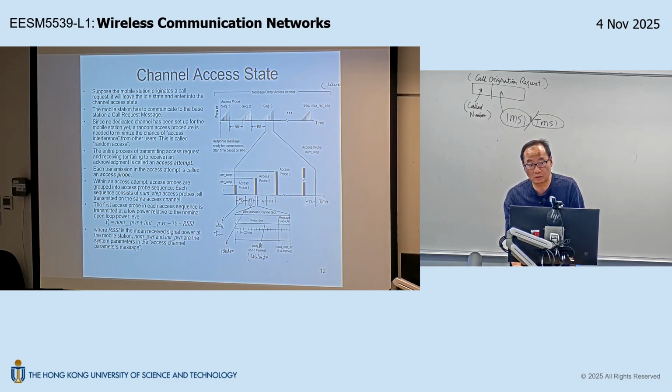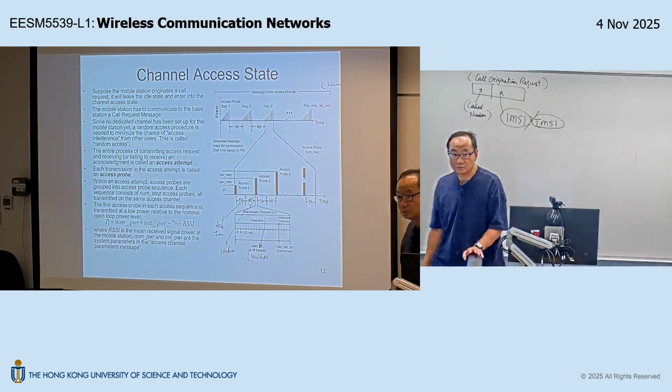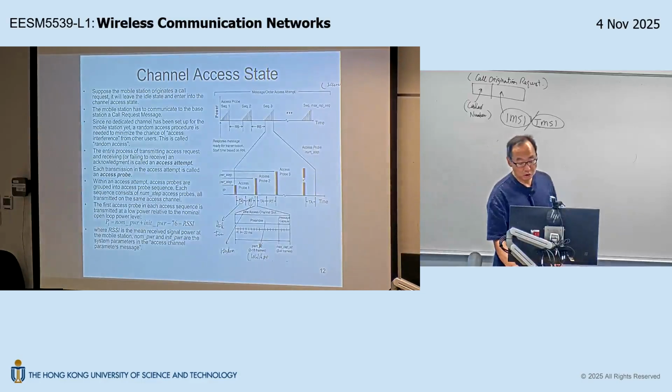What's wrong if I don't have the random time? What's wrong if after my acknowledgement timer expires, I just retransmit immediately? Now, if the reason I cannot hear an ACK is due to collision, that means in my first transmission there will be another guy transmitting at the same time as me, right?